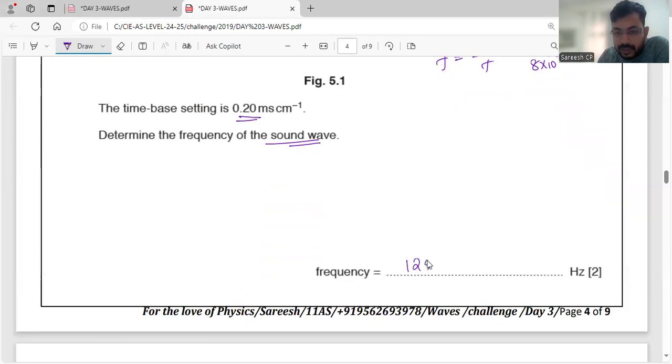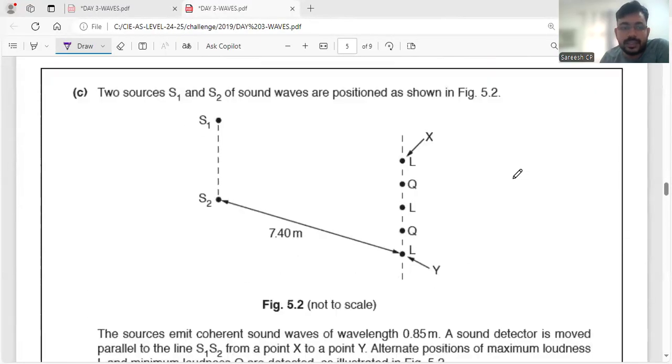So the frequency is equal to 1250. Just a second, let me check the answer. That's correct.